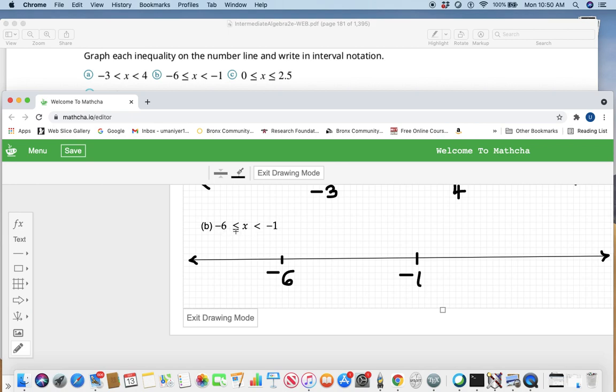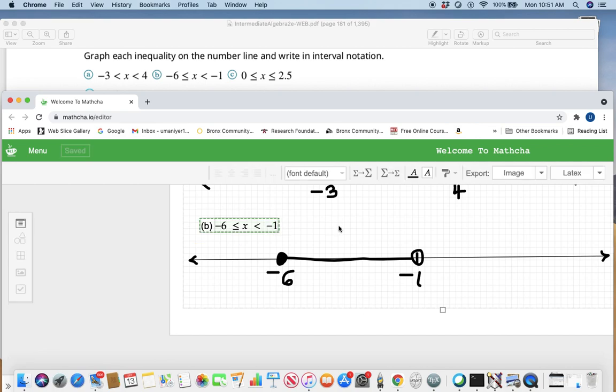Negative 6 is included, so that point is a filled in point. Negative 1 is excluded, so that point is an open point. It's not filled in. And x is anywhere between negative 6 and negative 1.